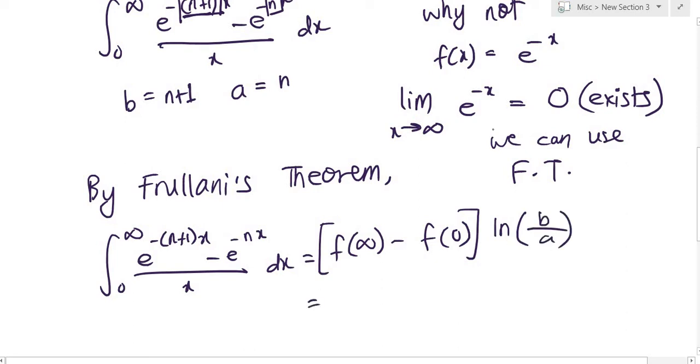So f of infinity, when you plug infinity into our f, we get a 0, and e raised to the 0th power, just write that as it is for now. We know our value of b. What was b? n plus 1, right? n plus 1, and a was n.